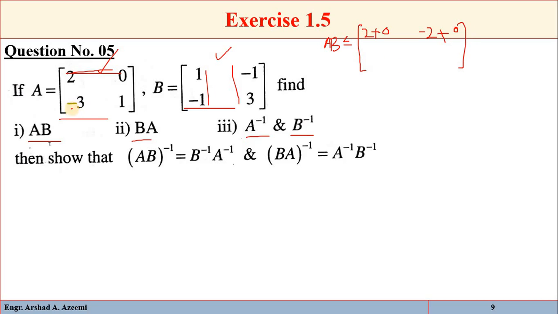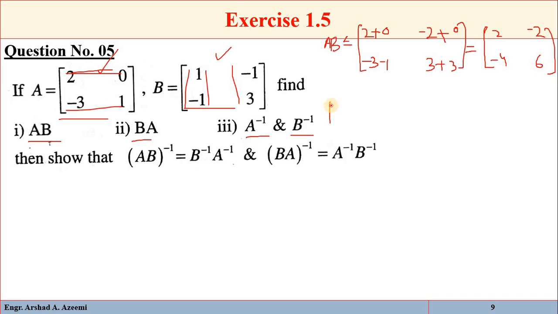Okay, now second row with first column, so -3 multiplied by 1, it will be -3, 1 multiplied by -1, so it will be -1. -3 multiplied by -1, so it will be 3, 1 multiplied by 3, so it will become 3. Now that is the product of AB, which is 2, -2, -4 and 6. Okay, that is AB.